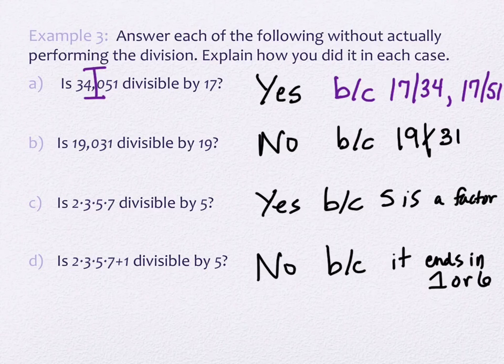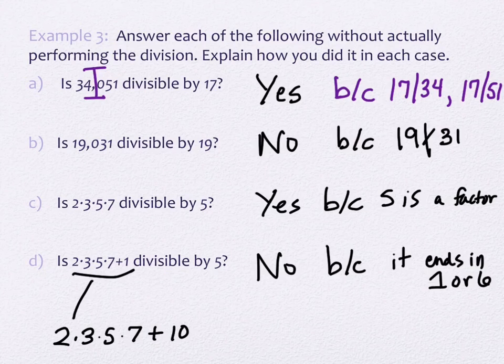What if this had said, we'll just make up one more small example real quick to think about this. What if this said 2 times 3 times 5 times 7 plus 10? Yes, it would work, right? What if it said plus 5? Yes. What if it said plus 57? No. How are you making the decision? It has to be like a factor that can be divisible by 5.